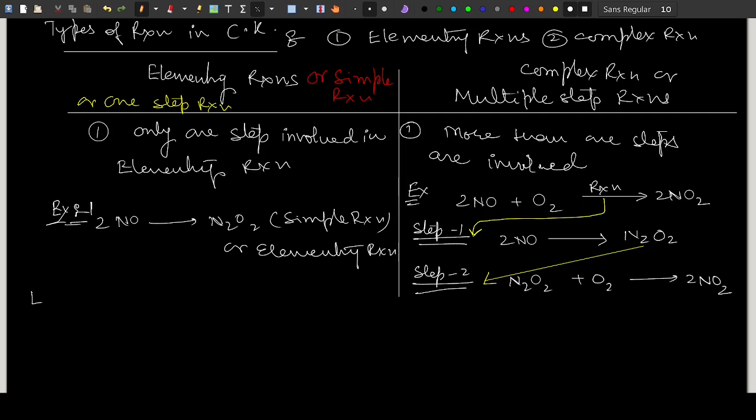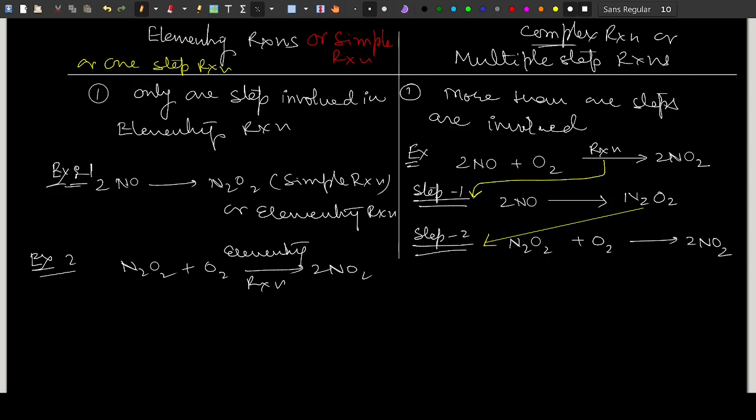Another example we can write here: N2O2 plus O2 producing 2NO2. This is also an elementary or simple reaction. So we can say the steps of the complex reaction are elementary reactions.